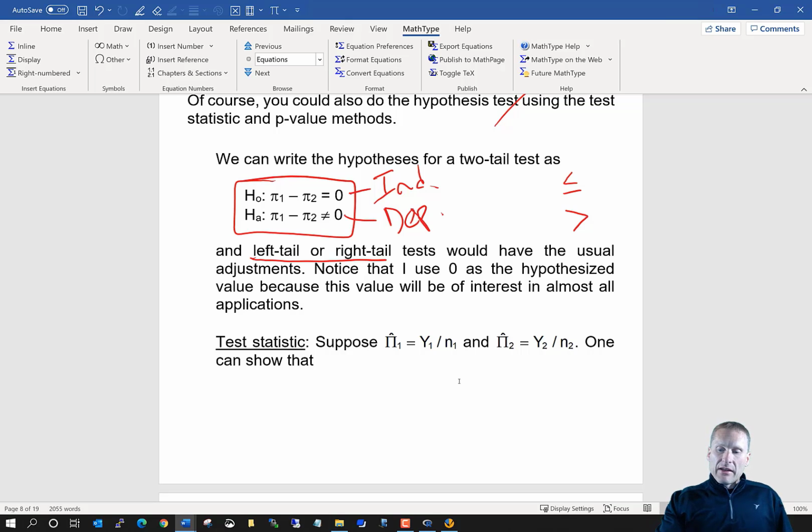And obviously, if pi 1 is less than pi 2, then you have a different kind of dependence. So the independence-dependence framing only works with equal versus not equal. But again, you might want to do a left tail test sometimes, and a right tail test sometimes as well.